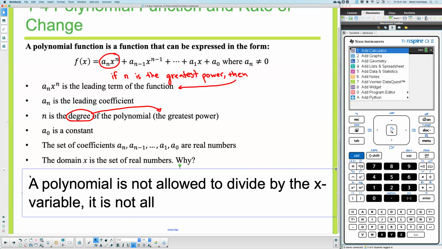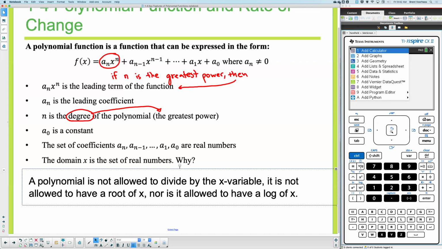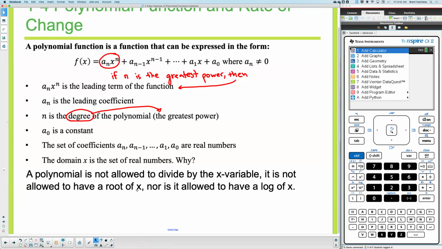It is not allowed to have a root of x, nor is it allowed to have a log of x. Okay, so why is it all reals? Well, what makes a function not all reals is dividing by x, having an even root of x, or having a log of x. Since we don't have any of those 3 in the problem, then it's going to be all reals. It will be all reals because we do not have any of those 3 situations going on.